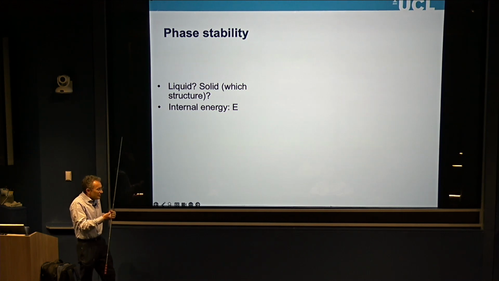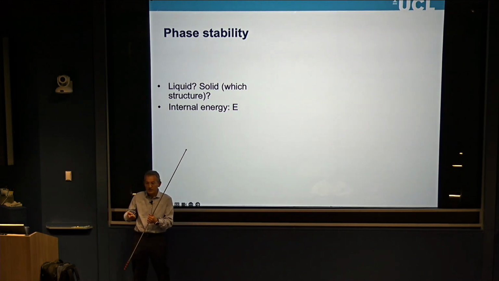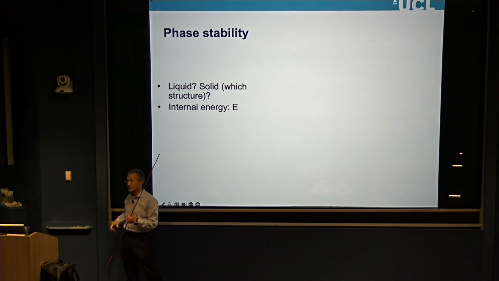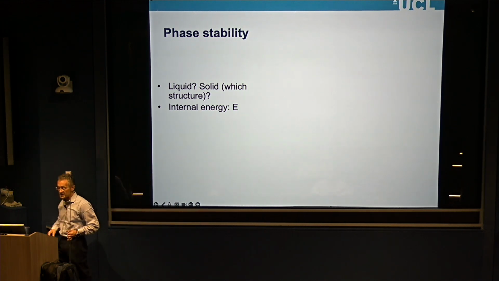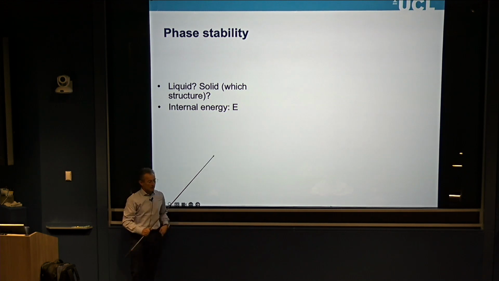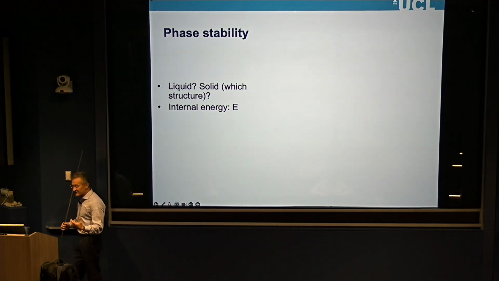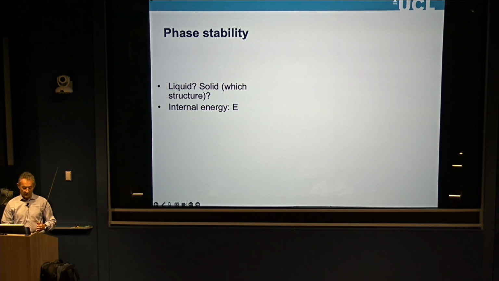The average interactions in a liquid are different from those in a solid, and different solid structures may also have different average interactions. The structure that has the lowest internal energy has an advantage of stability compared to the other.